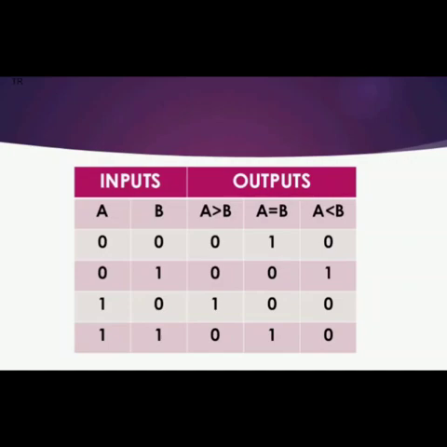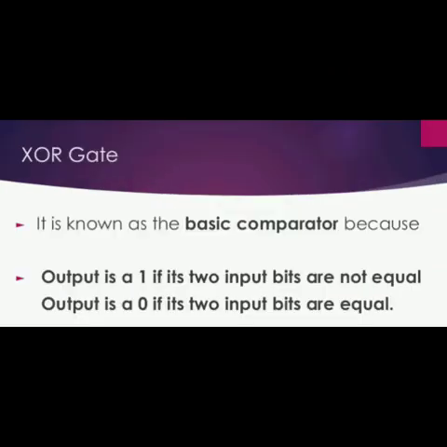Next we have the XOR gate. The XOR gate is called a basic comparator, because we already know the truth table of an XOR gate.